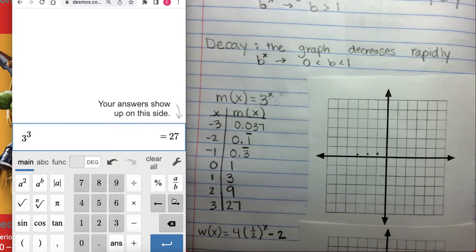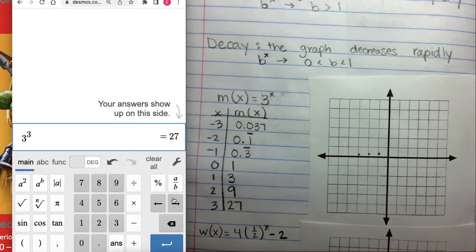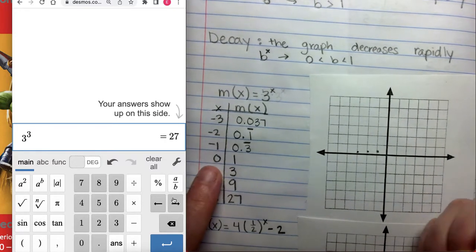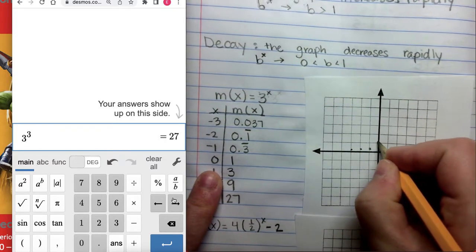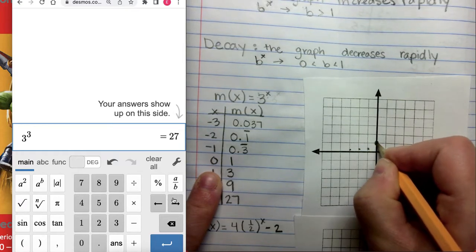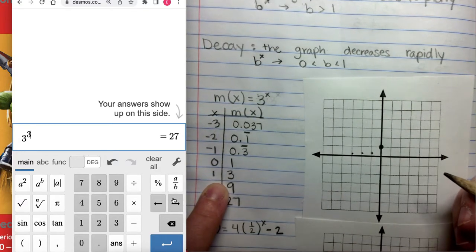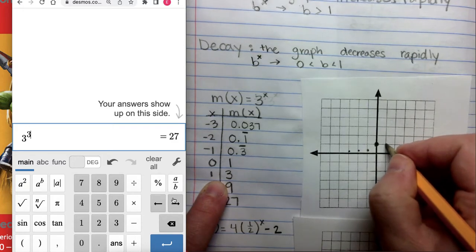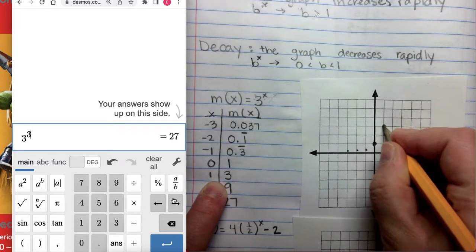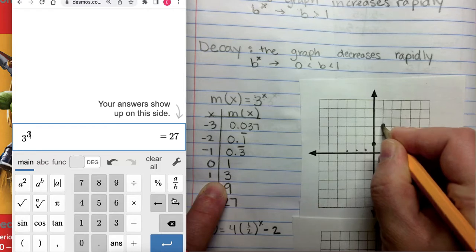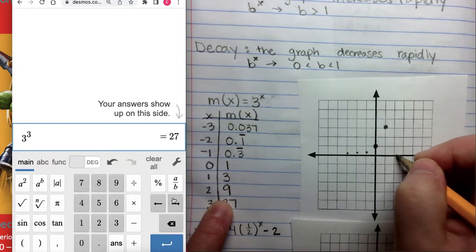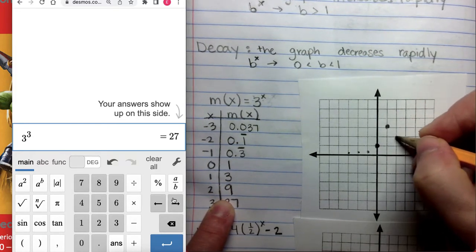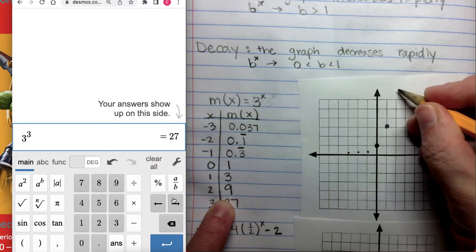So those are all really close together. They're all really small numbers. But then when we hit 0, we get 0, 1, then 1, 3, then 2, 9. So this goes up to 1, 2, 3, 4, 5, 6, 7, 8, 9.